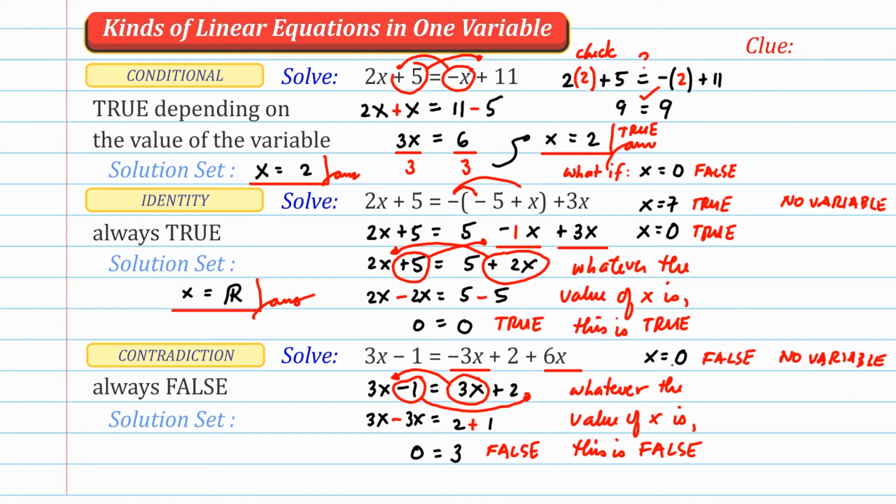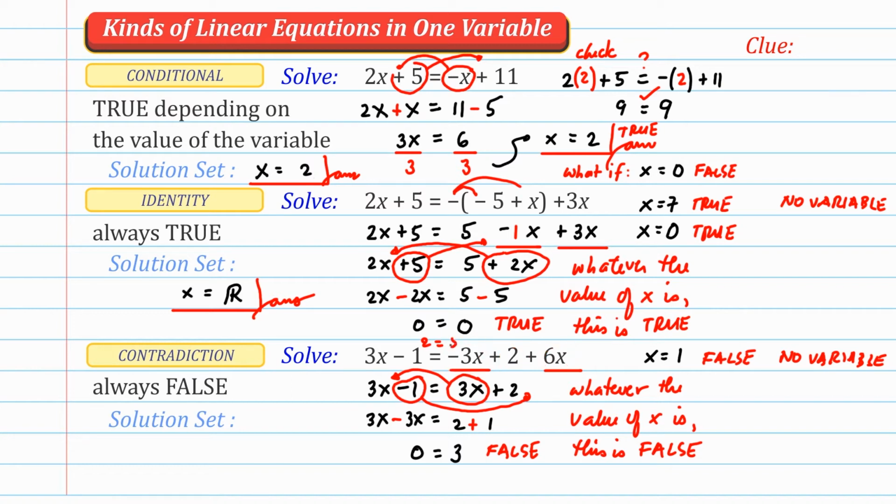Okay? Try naman natin, it's 1. Para madali naman. Okay, 1. So, 3 times 1 is 3. Minus 1 is 2. Okay, on the left side, 2. Oh, ibig sabihin, 6 plus 2, 8. Okay? 8 minus 3, 5.